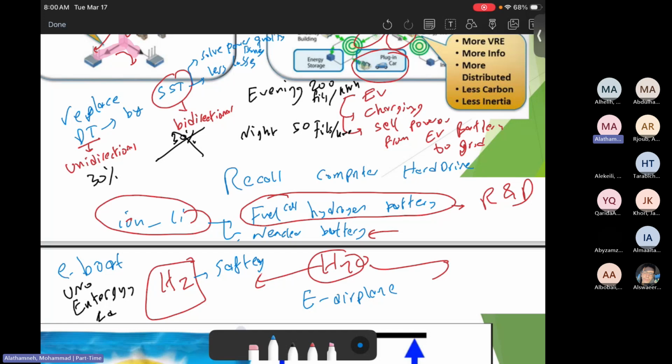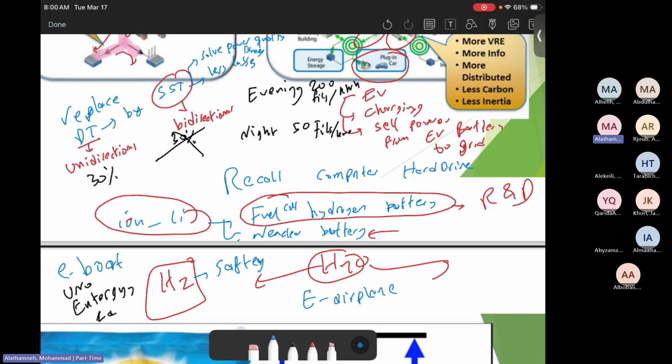So this is a perfect application. No longer would we need to use lithium-ion batteries. There are also other types, like cadmium batteries and some others. But anyway, our target is to not use these batteries.